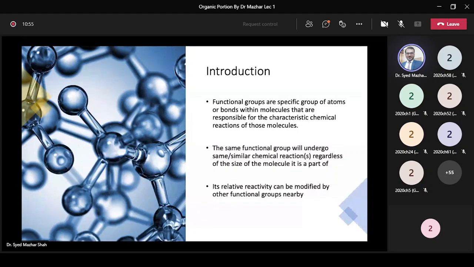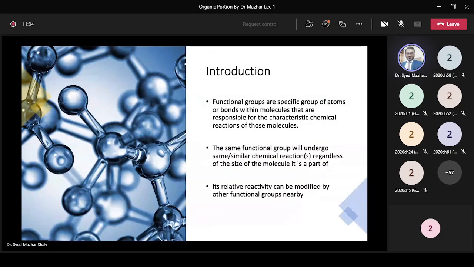of compounds. If we have the same double bond, or the same OH group, or the same halogen in different molecules, then their reactions or reactivity would be similar to each other, because the chemical reactions and properties are defined by that bond or group of atoms, and that's why we call them functional groups, because their functionality is derived from those specific bonds or groups.